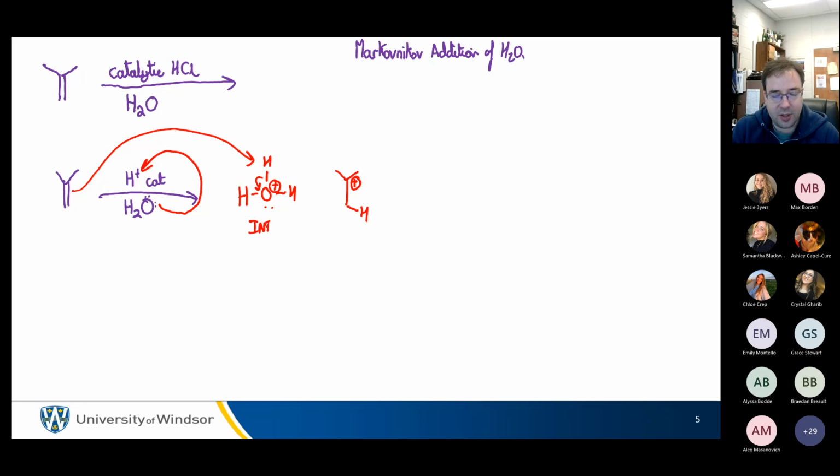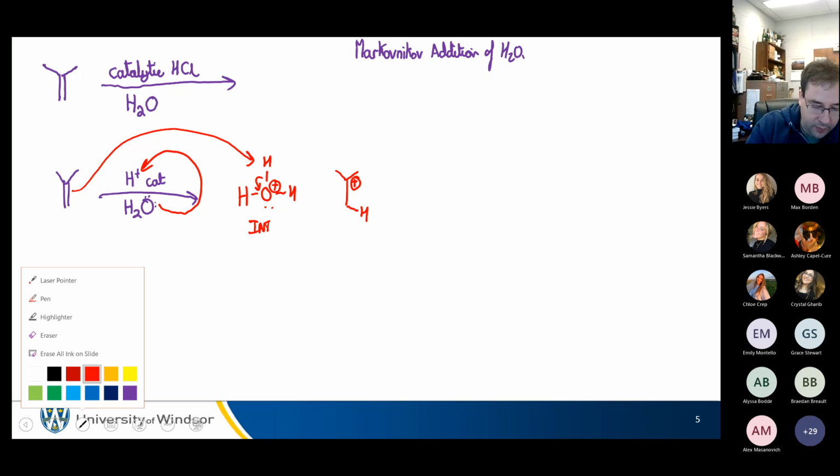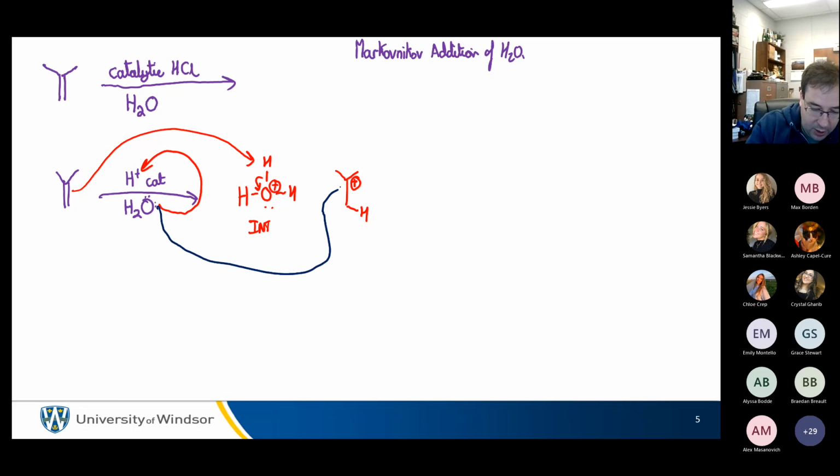So let's just add a few more arrows with words. There we go. Jesse has it. O lone pair attacks carbocation. Ooh, no, that's wrong. The add H to positive charge is wrong. But O lone pair attacks carbocation, I like that. I think you might have just misstated it, Noor. So we're going to use water to attack the carbocation.